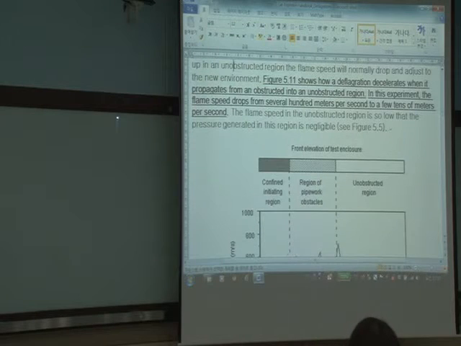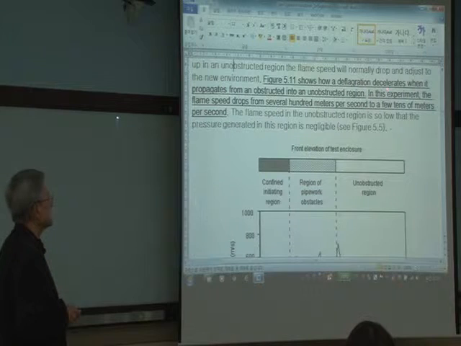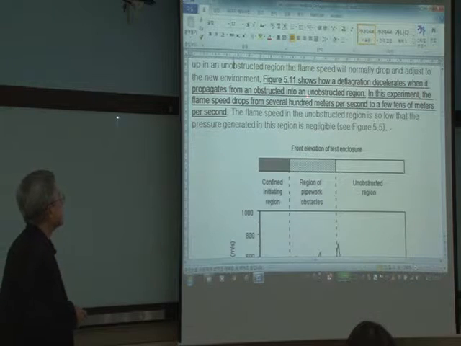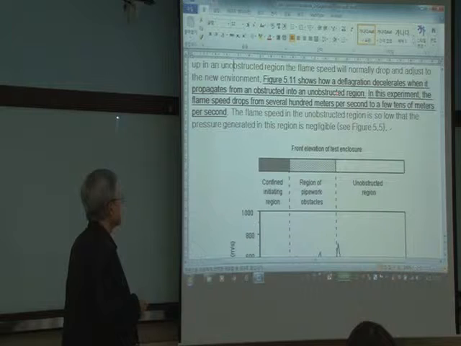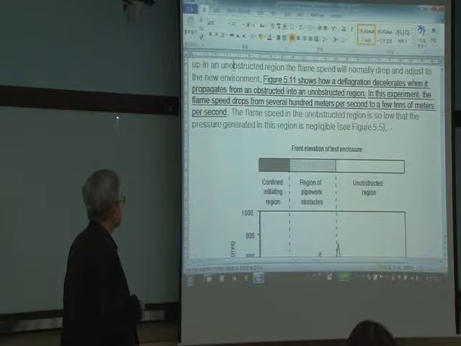If you look at this graph a little bit together, this is really showing how a deflagration decelerates when it propagates from the obstructed into the unobstructed region. In this experiment, the flame speed drops from several hundred meters per second to a few tens of meters per second.